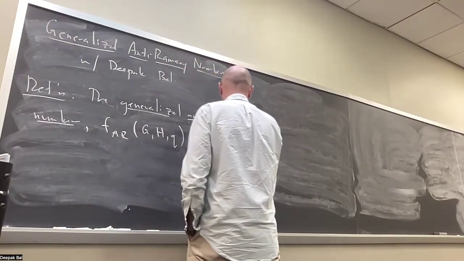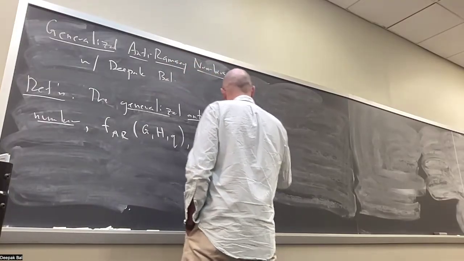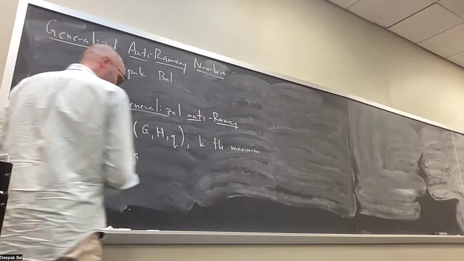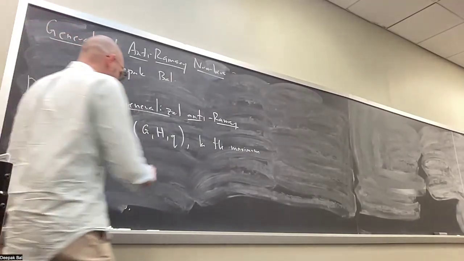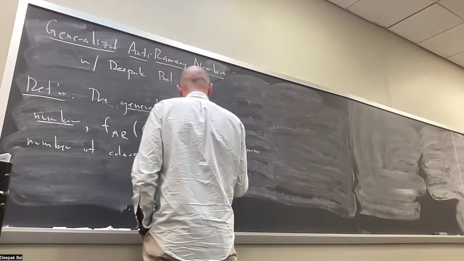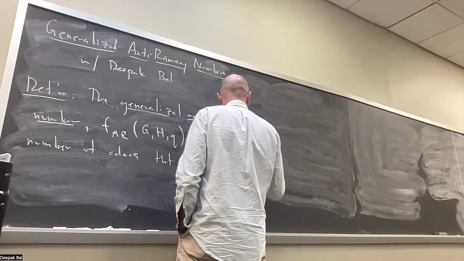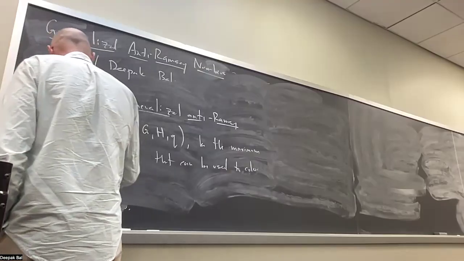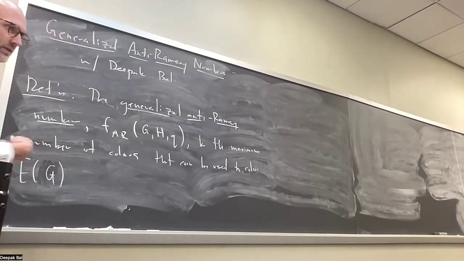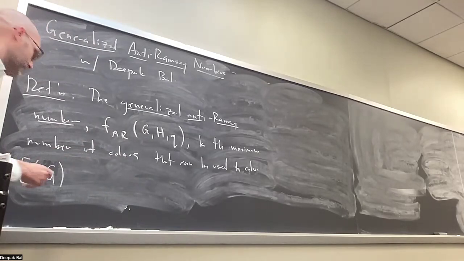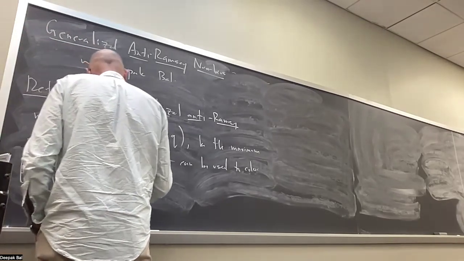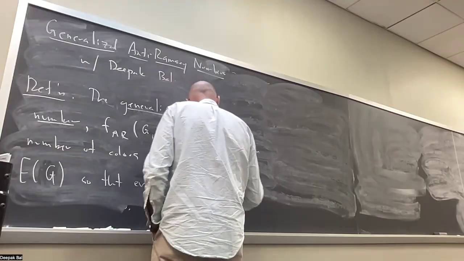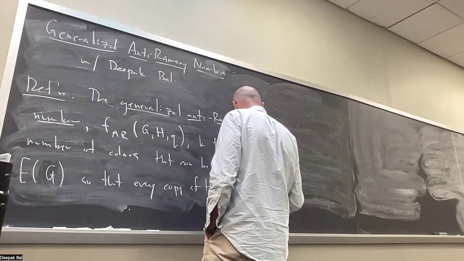It's the maximum number of colors that can be used to color the edges, oops, not of Kn, but of G. So G is our host graph. We're coloring the edges of our host graph so that every copy of H sees less than or equal to Q colors.